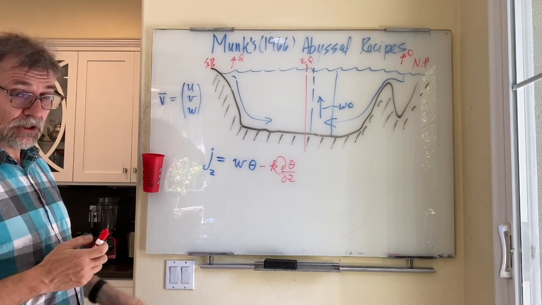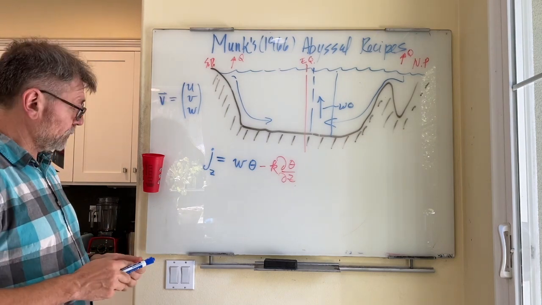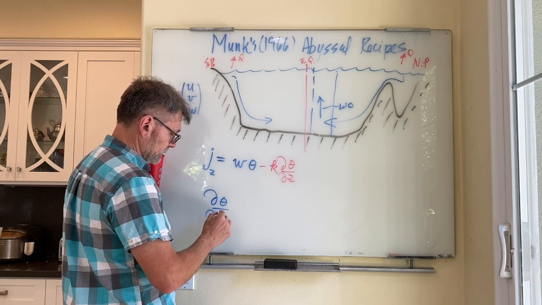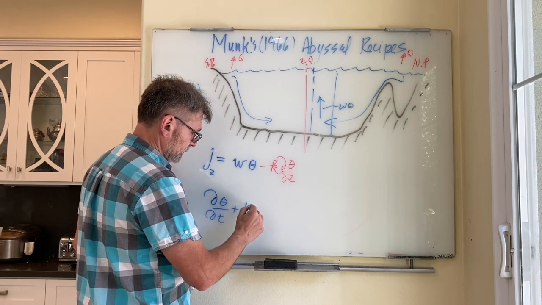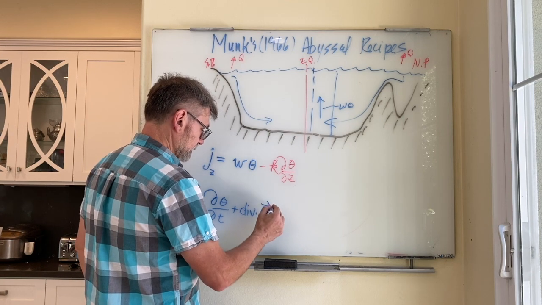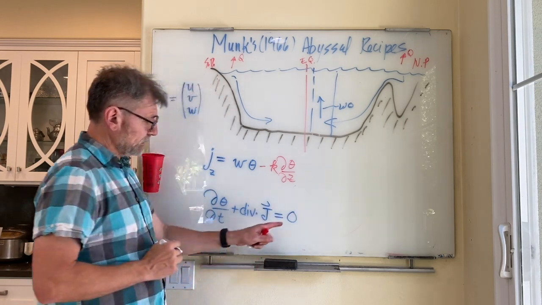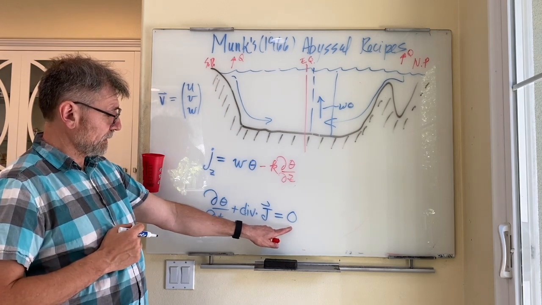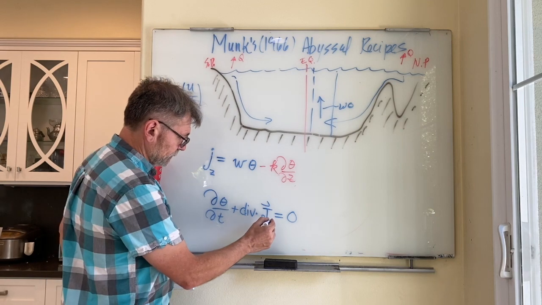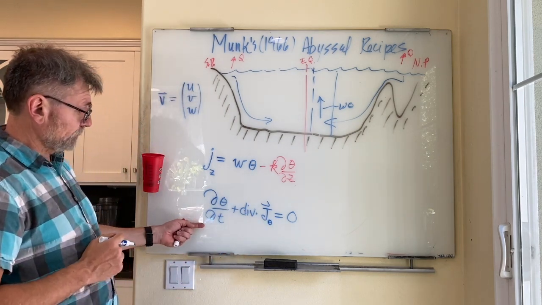And if we write down the conservation equation that we wrote down last time, that's d theta dt plus div dot the flux is equal to 0, in the absence of any internal sources or sinks of potential temperature. This would be the conservation equation.